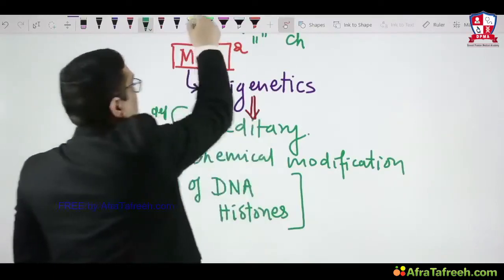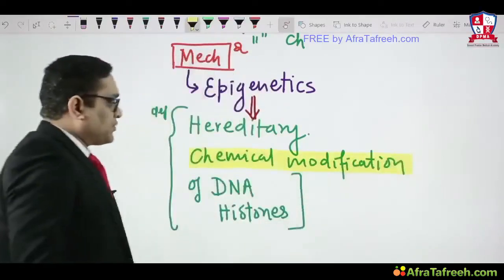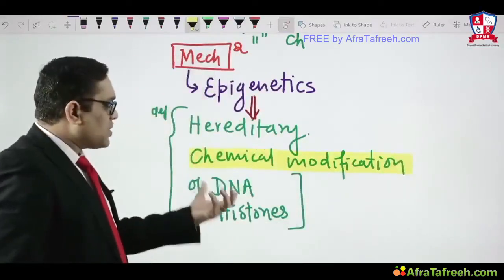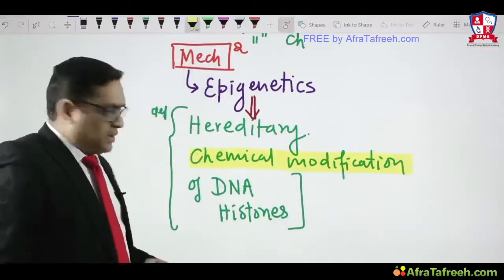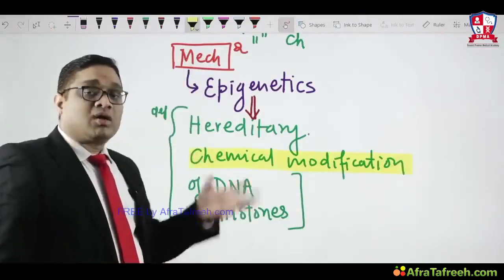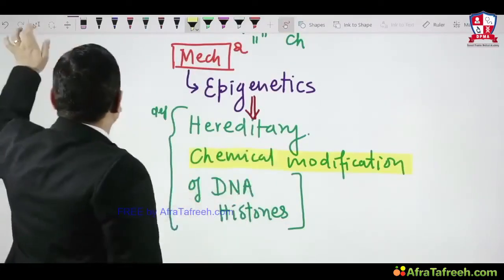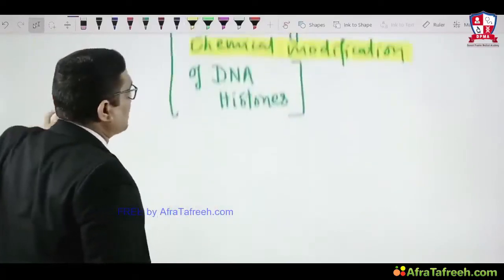Now the question comes to our mind, what kind of chemical modifications? What kind of chemical modifications are going to involve DNA or histones, which will cause genomic imprinting or inactivation of the gene or reduced expression of the gene, right? So now we are going to see what these chemical modifications are.